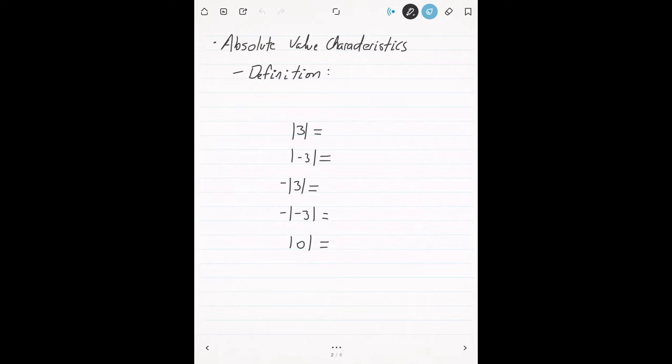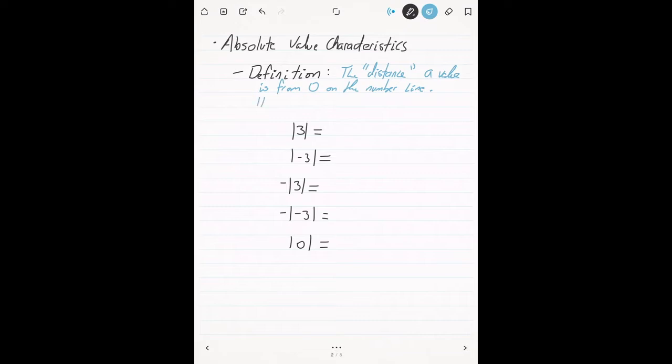For us, I think the best working definition is that it's the "distance" a value is from 0 on the number line.